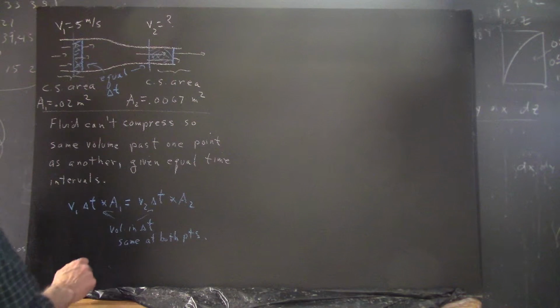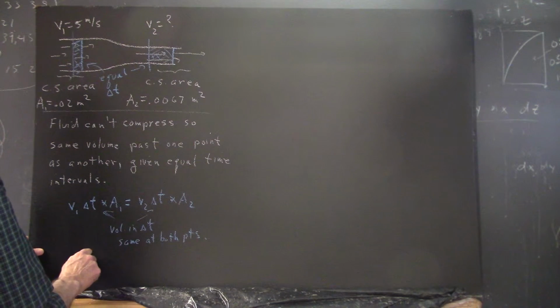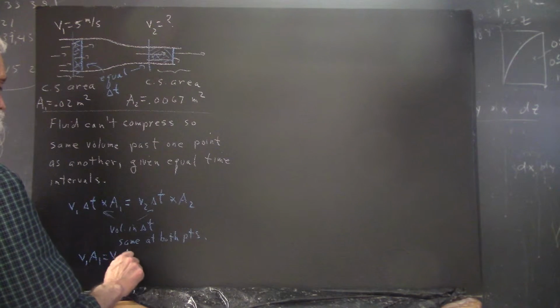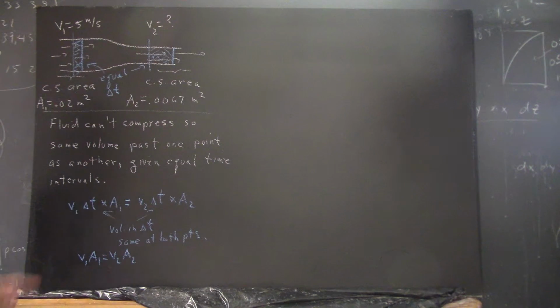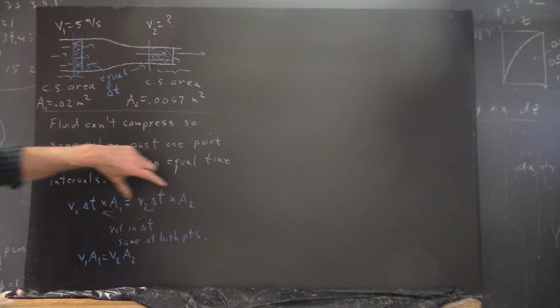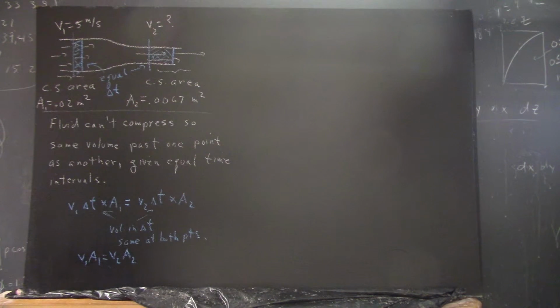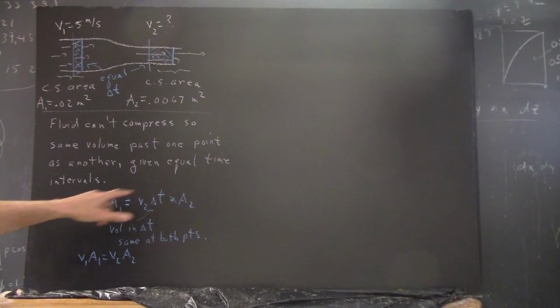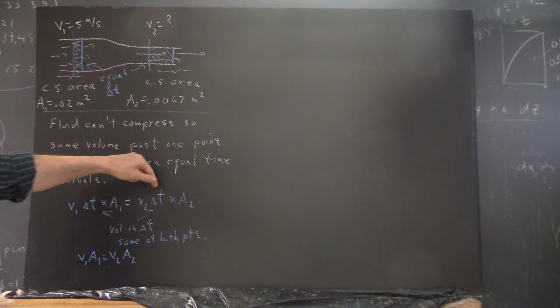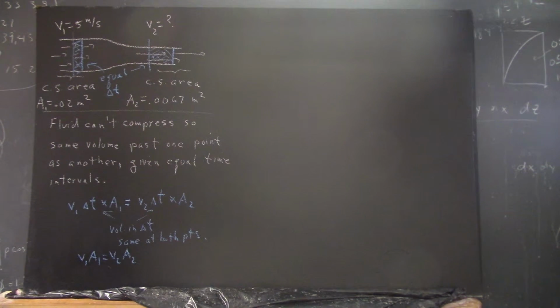So V1A1 equals V2A2. Just dividing the delta t out, it doesn't matter. This product is going to be the same regardless of the delta t that you use. So we get V1A1 equals V2A2. That's called the continuity equation.